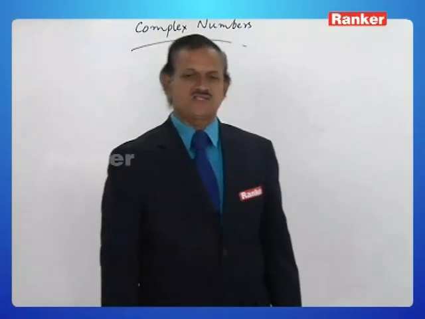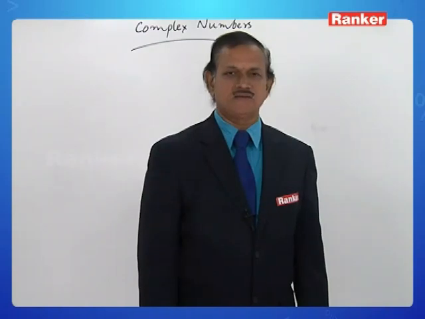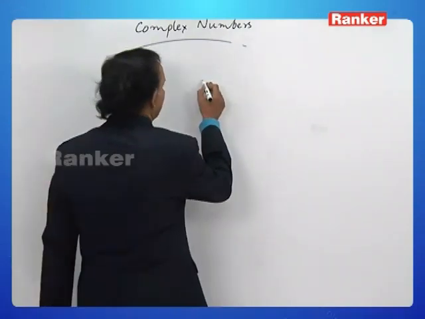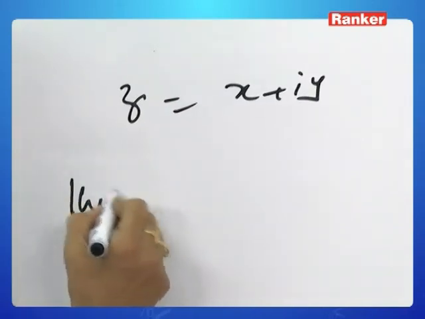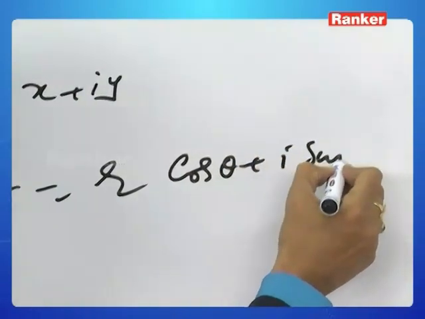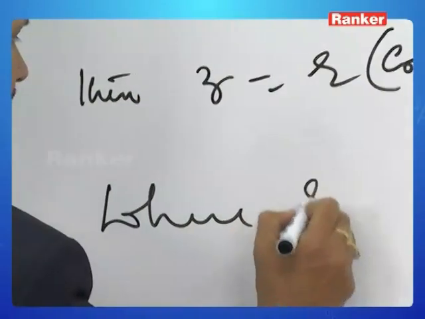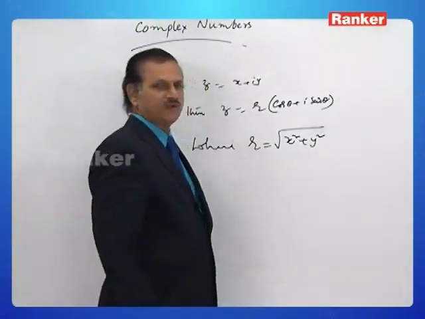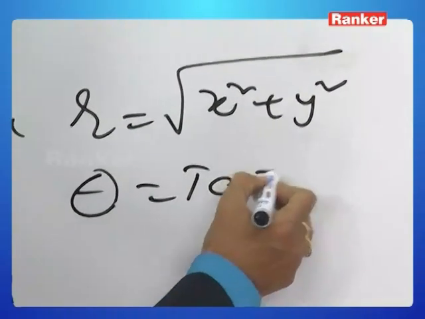By looking at the previous discussion, we could have noticed that every complex number can be expressed in the form r into cos theta plus i sin theta. If z is equal to x plus iy is a complex number, then z is equal to r into cos theta plus i sin theta, where r is equal to the positive square root of x square plus y square, and theta is equal to tan inverse of y by x.